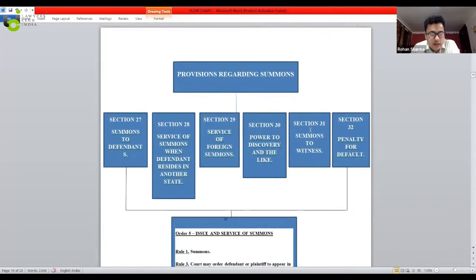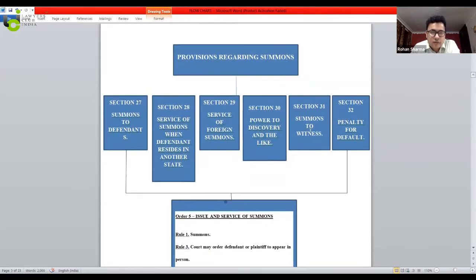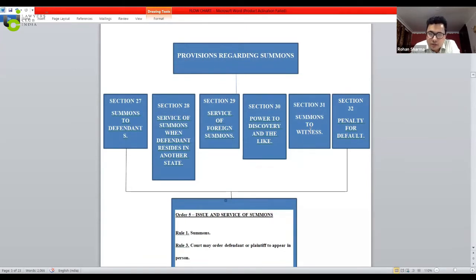Now, how these summons have to be framed, in what manner these summons are to be dispatched, in what manner they are to be dispatched in case it is to be given to a person who's residing in foreign jurisdiction, how these summons are to be dispatched in case the summons deal with some interrogatories or these summons are for discovery of a fact which the court feels is necessary, is what this lot of sections talk about.